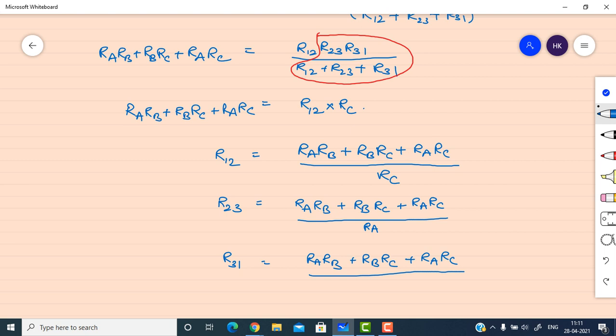The denominator, the numerator will be the same. So for R23, the remaining two resistors are R12 and R31: R12, R31 by R12 plus R23 plus R31. That is the formula for RA. Next R31, you will get the same numerator divided by RB.